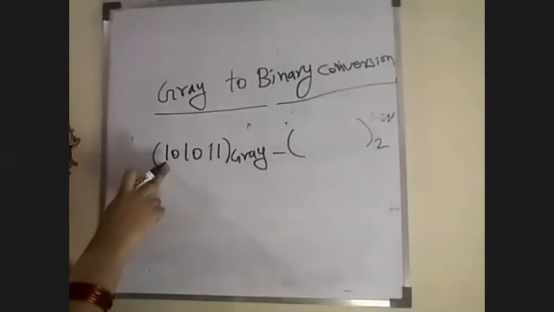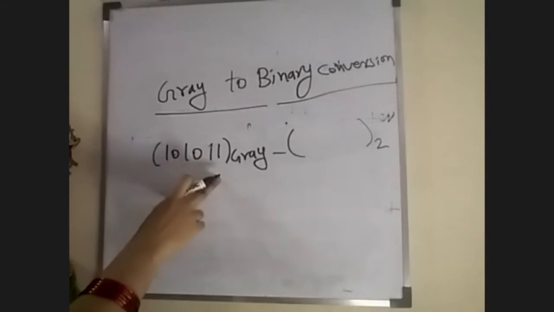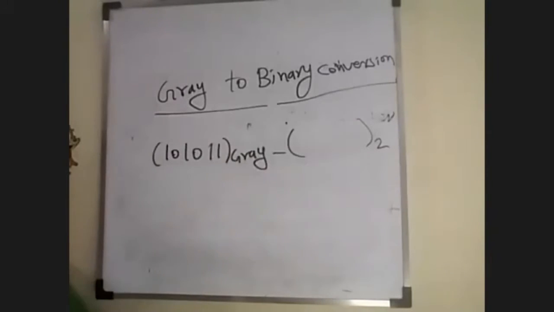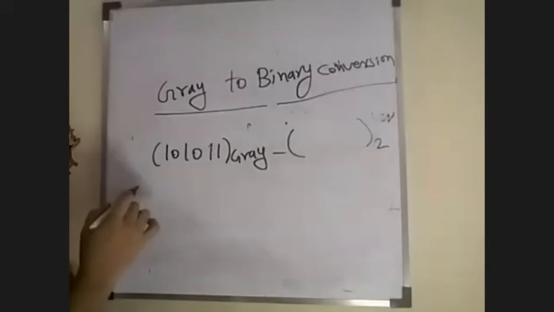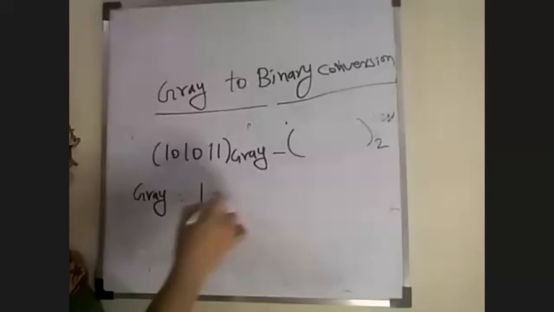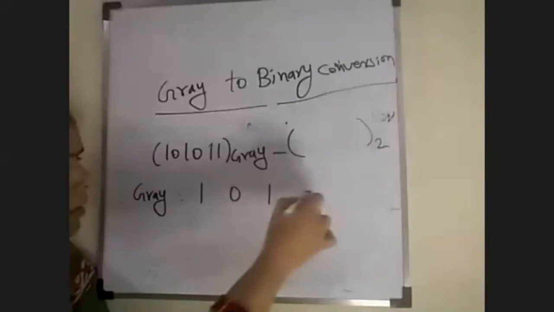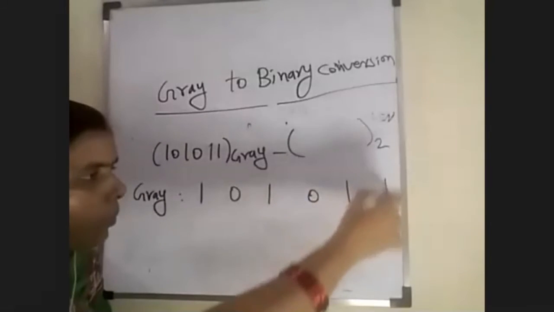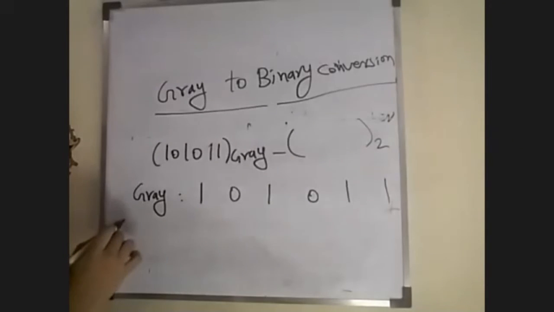So what is the gray code? The gray code number is 101011, and you will convert this to binary, right?